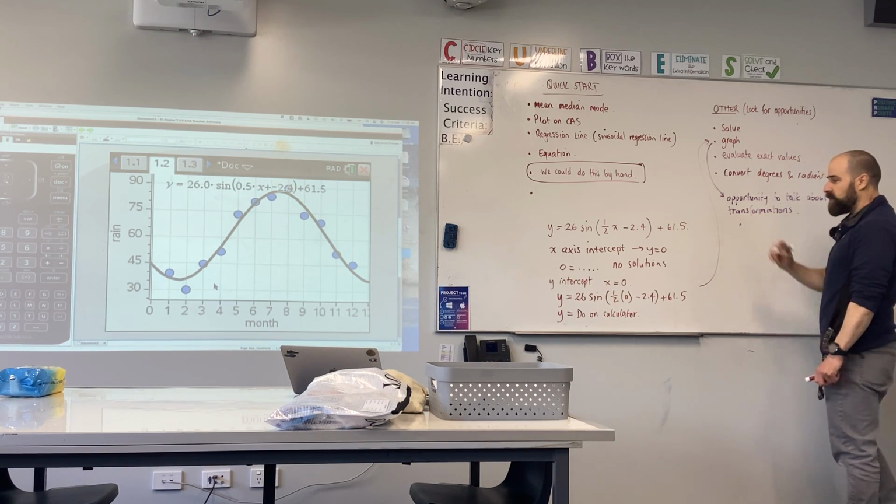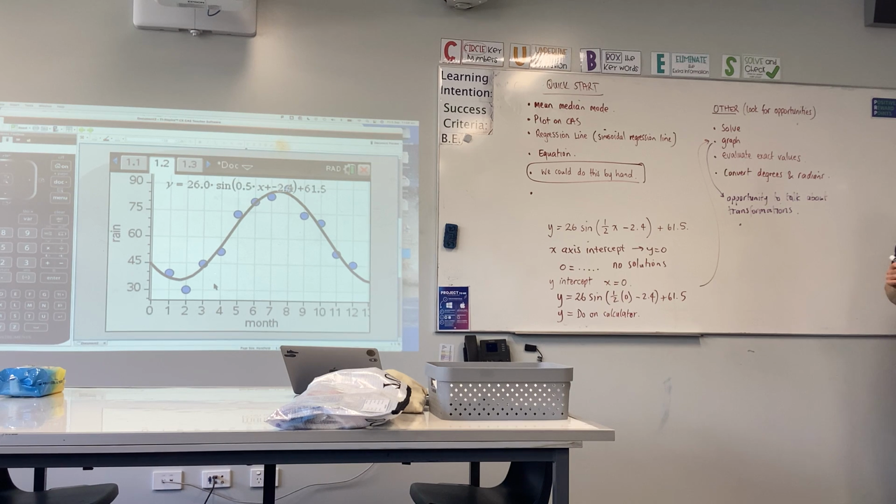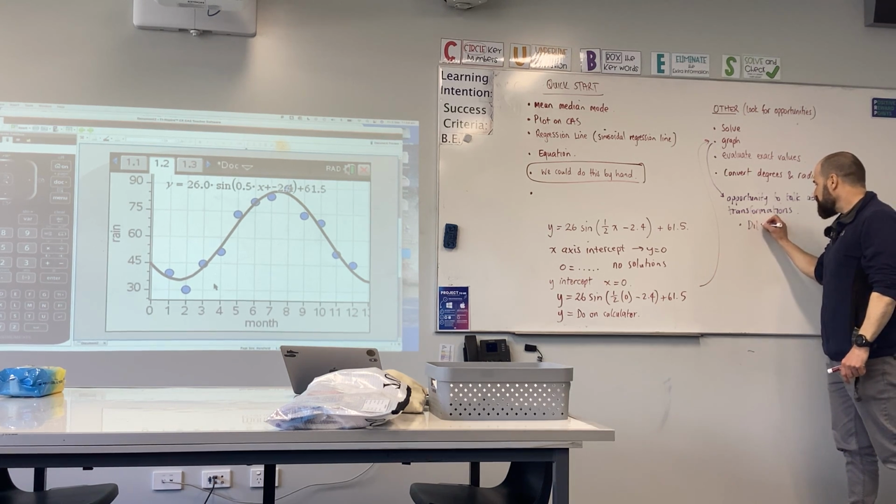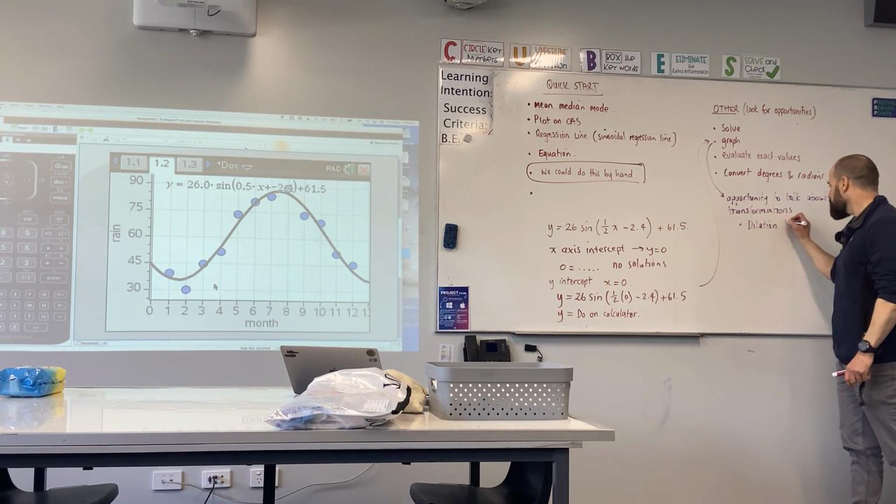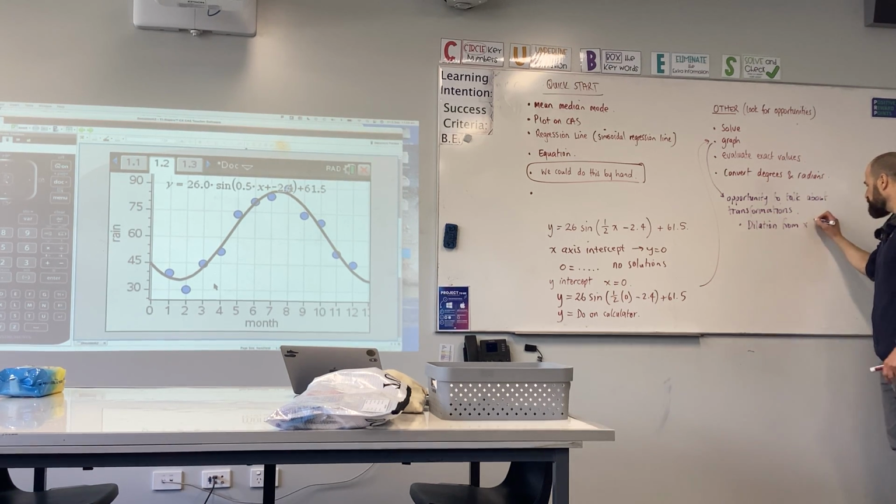So we have, what do we have? We have a dilation from x, by how much? The dilation from x. Right. And that we can say is the amplitude.